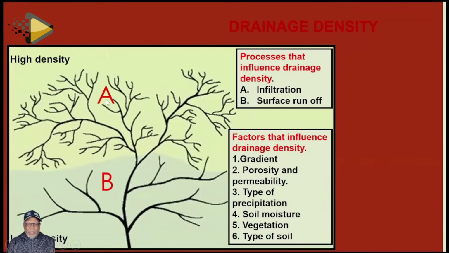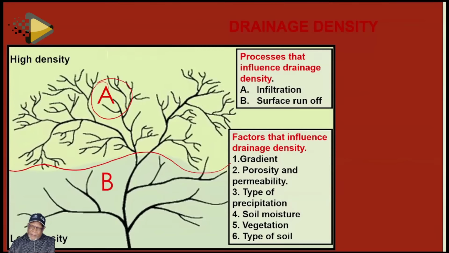Let's look at the drainage density at A. How is the drainage density at A compared to the drainage density at B? We can say the drainage density at A is higher.